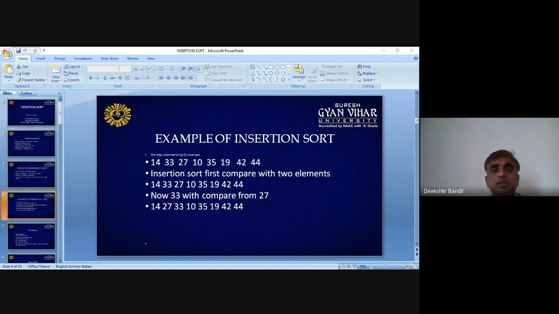My purpose is that through insertion sort, I will sort all the items present in the array. Suppose I am taking some elements already inserted in the array: 14, 33, 27, 10, 35, 19, 42, and 44.